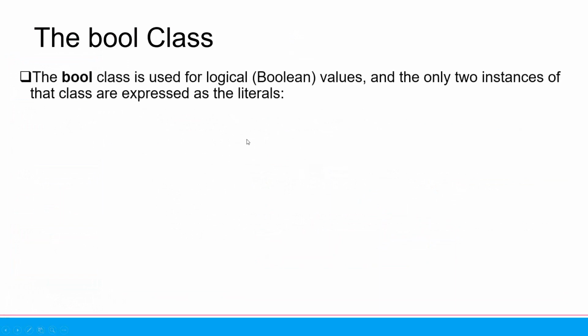Okay, I already explained the Boolean. So it is logical values. It is 0 and 1, or true or false. And the only two instances of the class are expressed as the literals True and False.